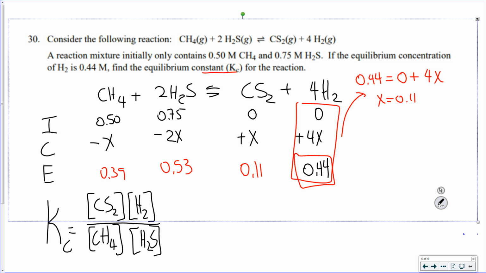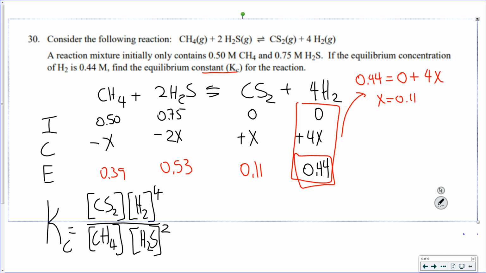Did I write the K sub C expression correctly? What did I miss? Exponents. Raise it to the power of the stoichiometry. Very good. On the product side, this one is first order, this one is 4, so it needs to be to the 4th power. This is 1, and this is 2, so this one needs to be squared. Got to make sure you do that.